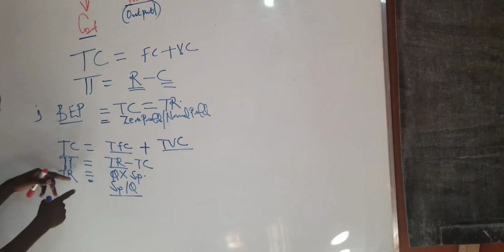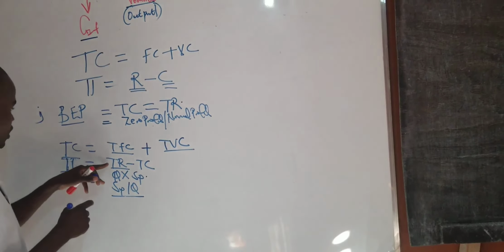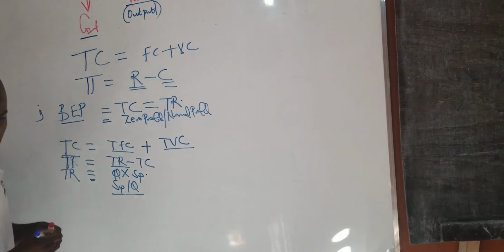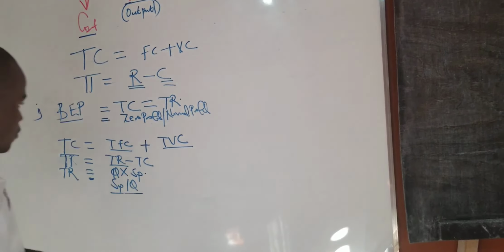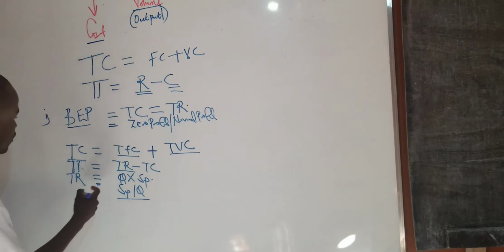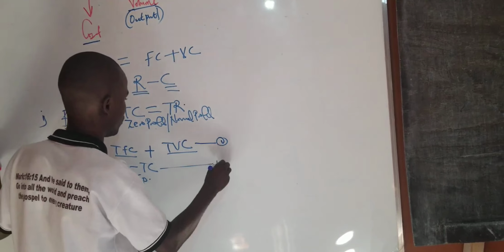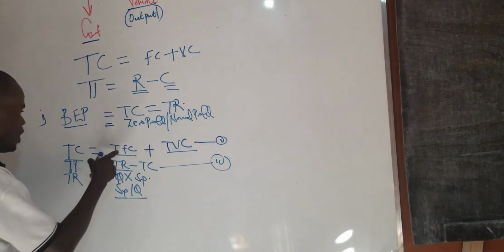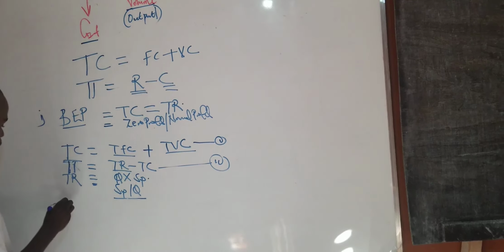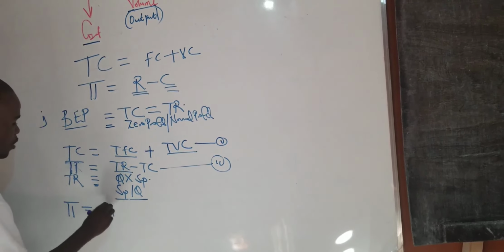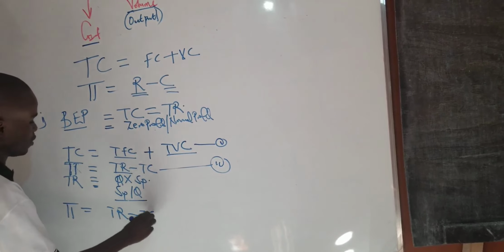Now this is the profit equation. Assuming this is equation 1 and this is equation 2, when you put equation 1 into 2, remember profit equals total revenue minus total cost.